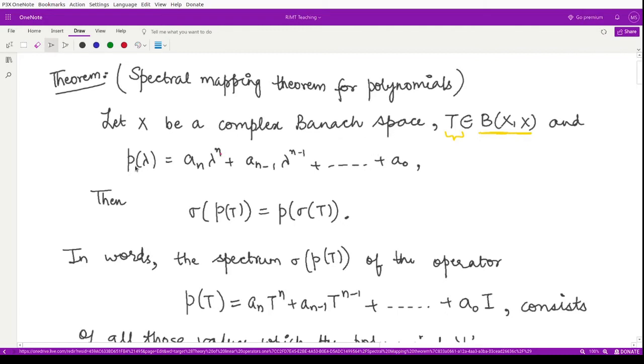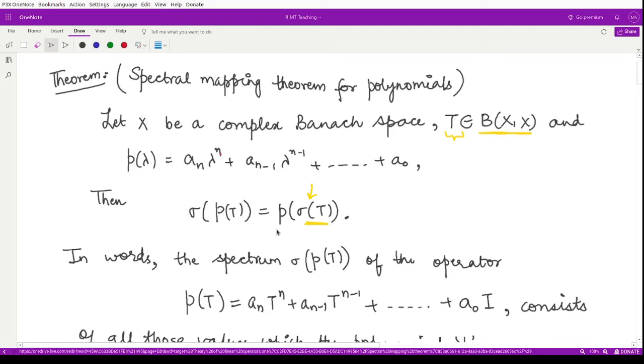Then they are saying, if P lambda represents a polynomial in lambda which is defined as a n lambda to the power n plus a n minus 1 lambda to the power n minus 1 plus up to a naught, then the spectrum of the polynomial of the operator T would be equal to the polynomial of the spectrum of T. So that means if you input the complex numbers here into this polynomial, the resulting values are obviously the spectral values.